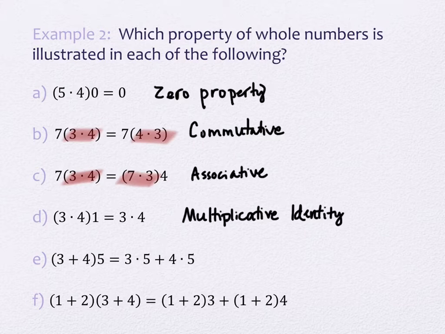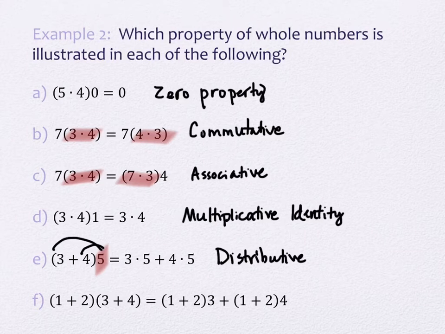What did we think E was? That is the distributive property. So if you're taking a look here, this 5 gets distributed to the 3 and to the 4. So this is the distributive property. All right, so F looks a little weird, right? Yeah, it does. It looks a little weird.